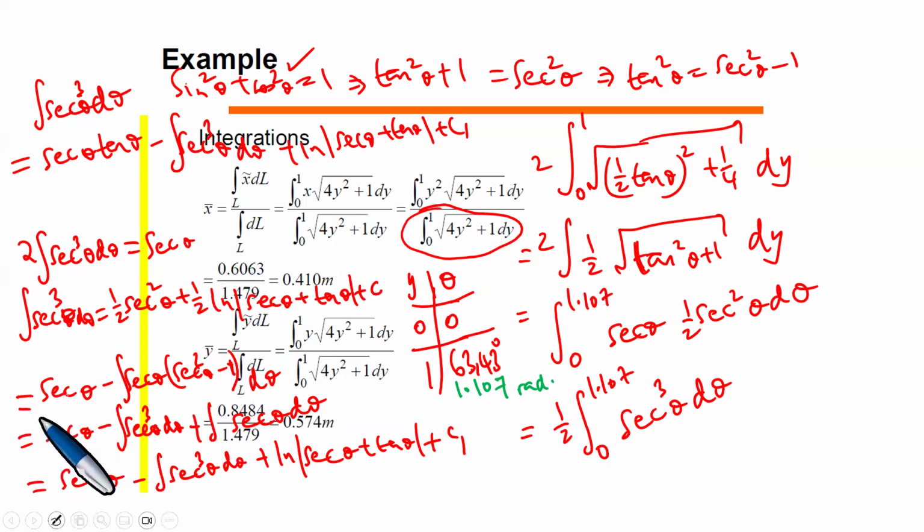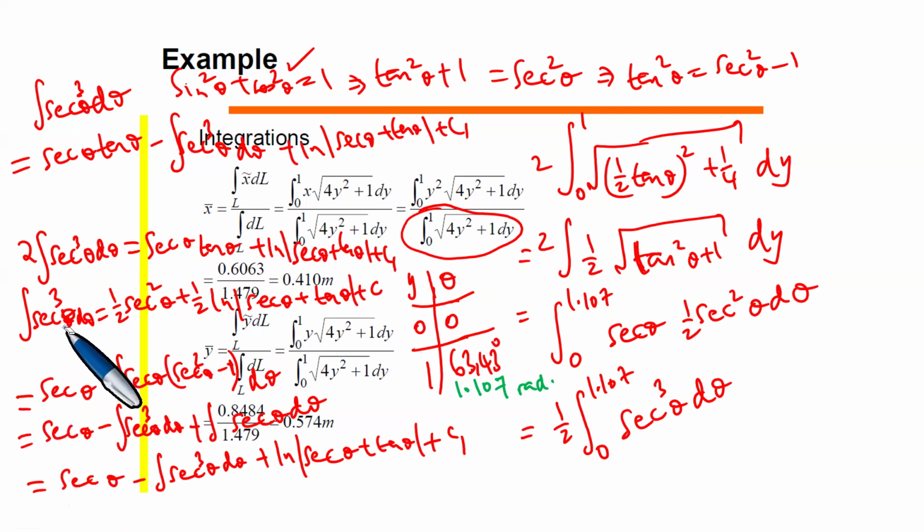Now this one is sec theta tan theta, and this one is sec cubed. If you add it, it becomes 2 of this, plus the ln of sec theta plus tan theta plus C1.